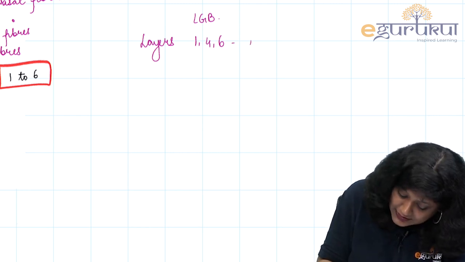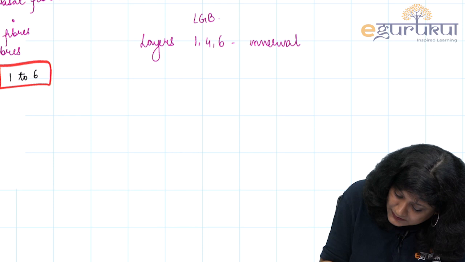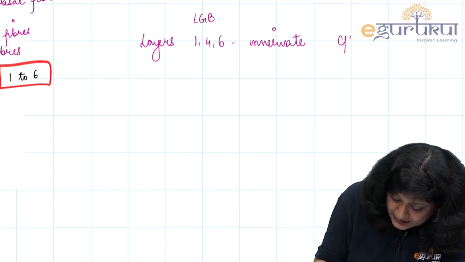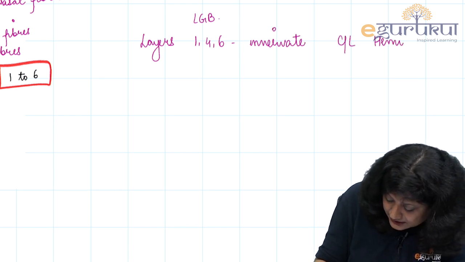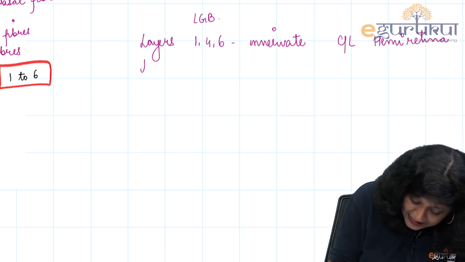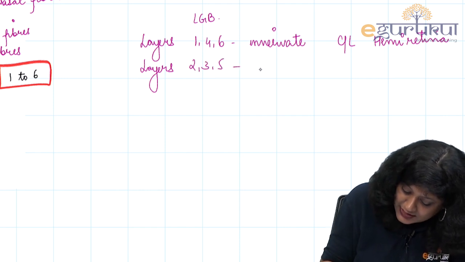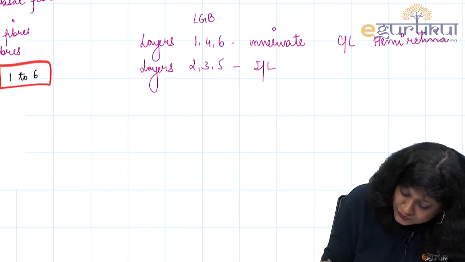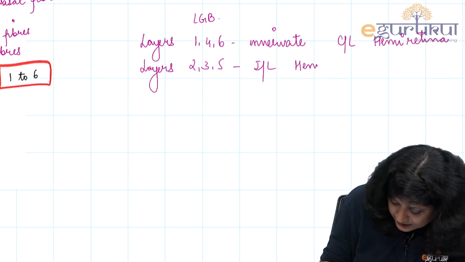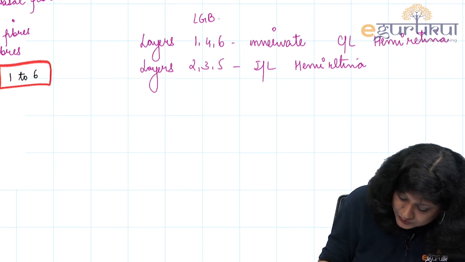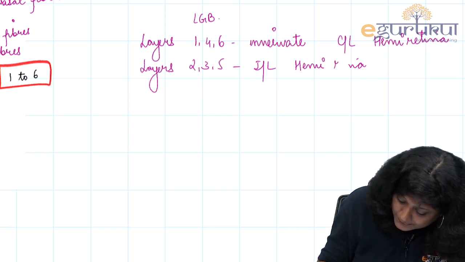They actually innervate the contralateral hemiretina, while the layers 2, 3 and 5, they innervate the ipsilateral hemiretina, right? This is one important thing, ipsilateral hemiretina.